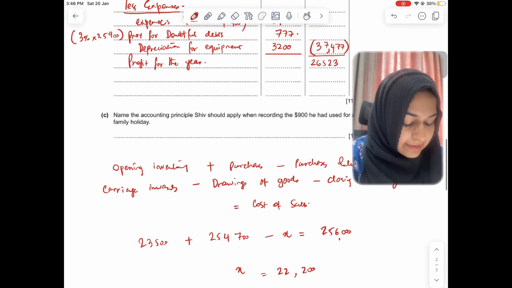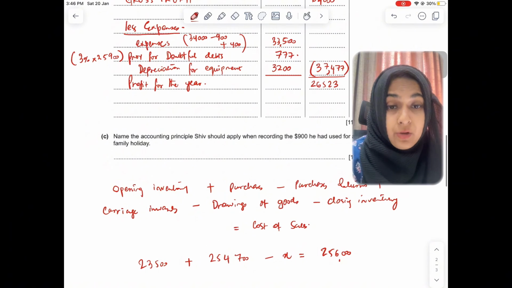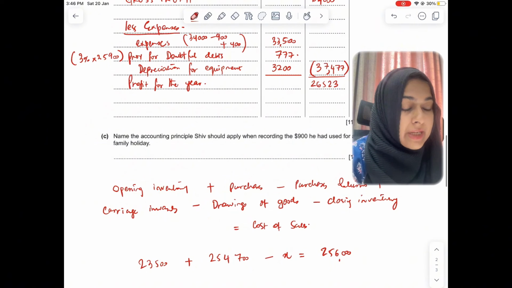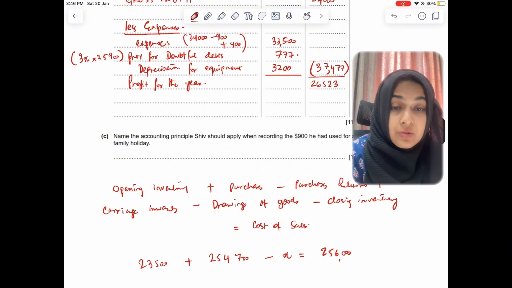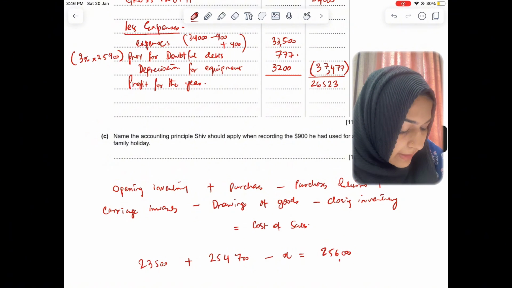So the next thing here is name the accounting principle Shiv should apply when recording the 900 he had used for a family holiday. Like I told you, when the business owner takes some money out of the business to pay for his personal expenses, it's called drawings, and it should be treated as drawings. The concept being applied is the business entity concept.